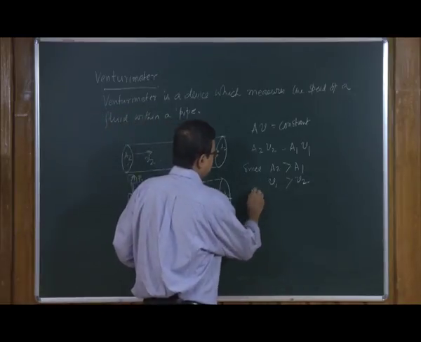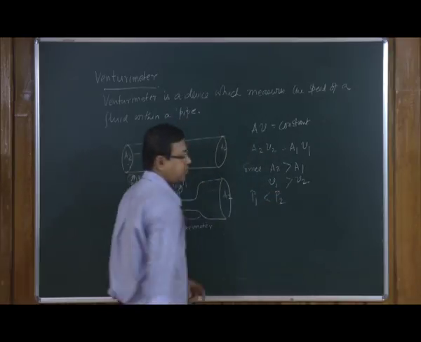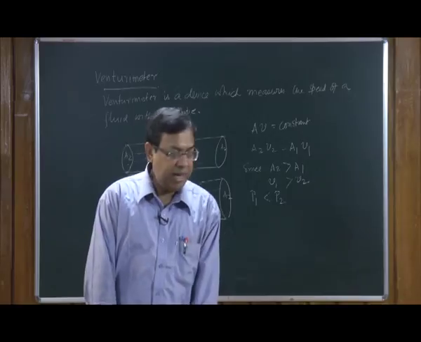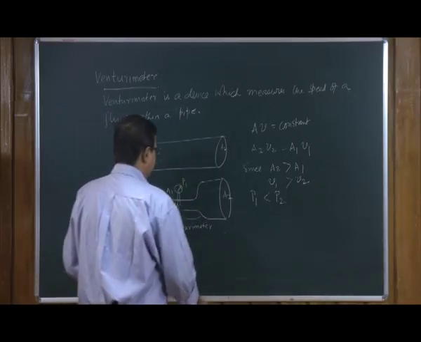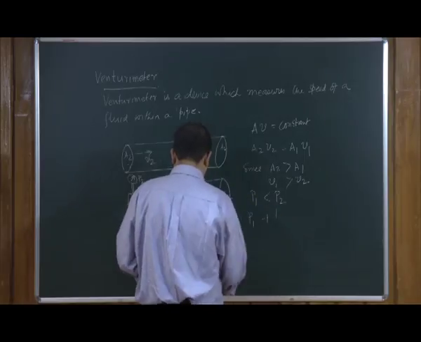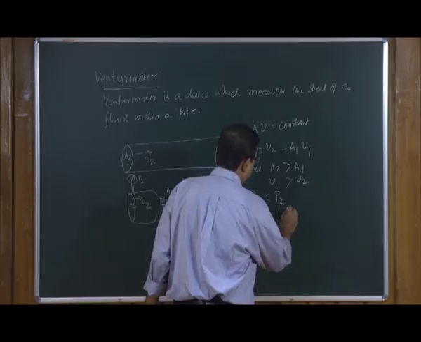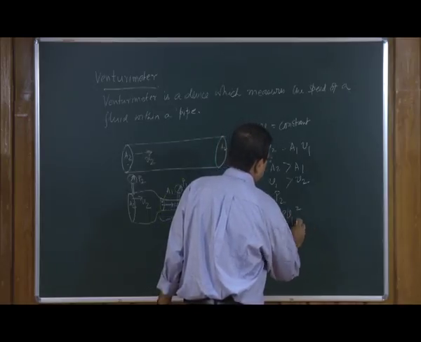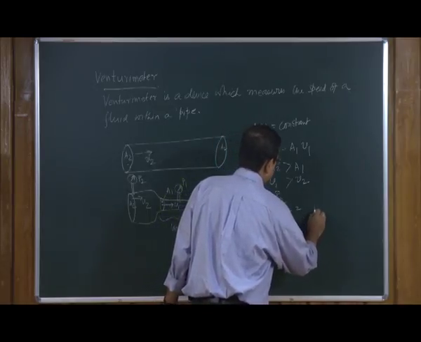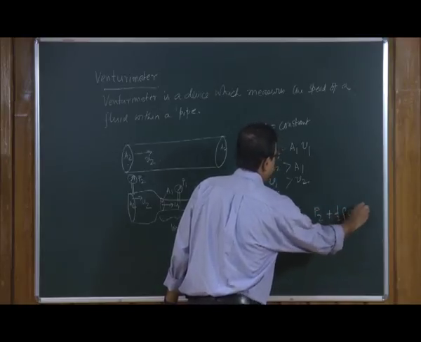So, my P1 will be less than P2, and we can apply Bernoulli's theorem and write that P1 plus half rho V1 square equals P2 plus half rho V2 square.